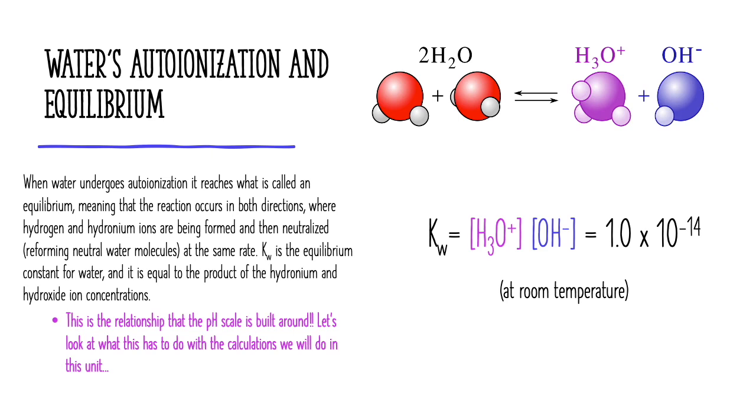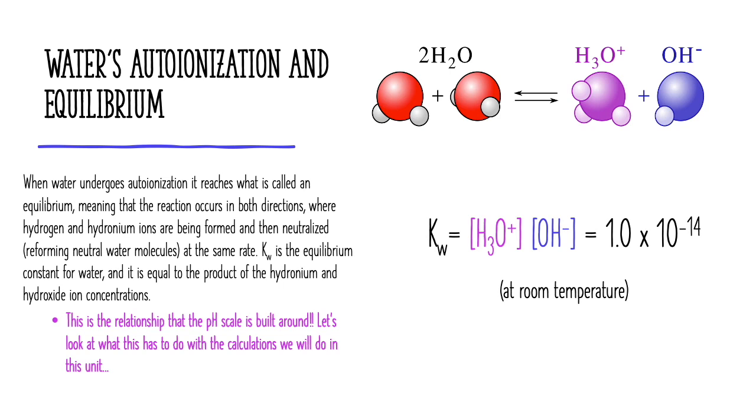All right, so to get started, we need to first talk again about water's autoionization and something called equilibrium. When water undergoes this autoionization, it reaches what's called an equilibrium, meaning that this reaction occurs in both directions, where hydrogen ions and hydronium ions are being formed and then reneutralizing themselves by reforming water molecules at the same rate.